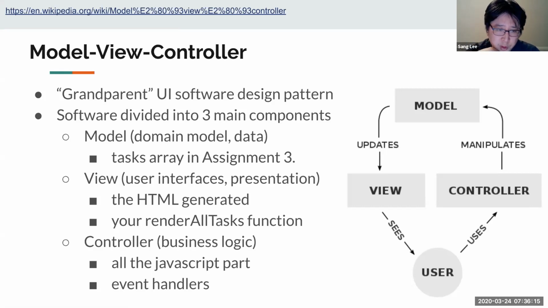And the view is basically the user interface, the GUI, and the presentation of an app. In the case of assignment 3, it's the HTML generated by the render task function. I've been telling people that you should have one function that renders all the items whenever there's an update in the model. And the controller is whatever is not model and not view.